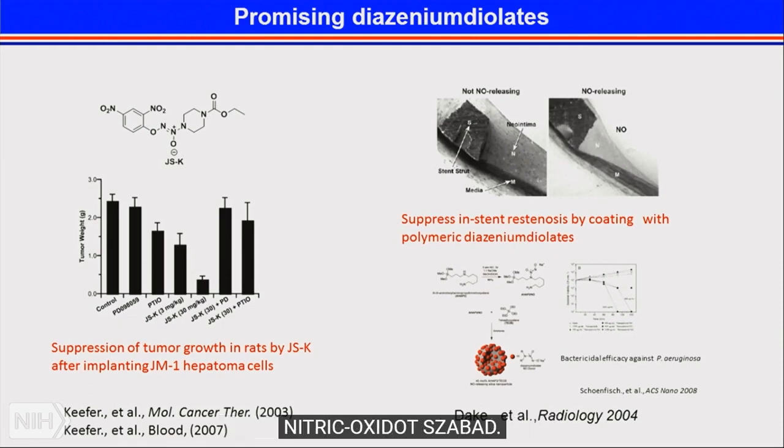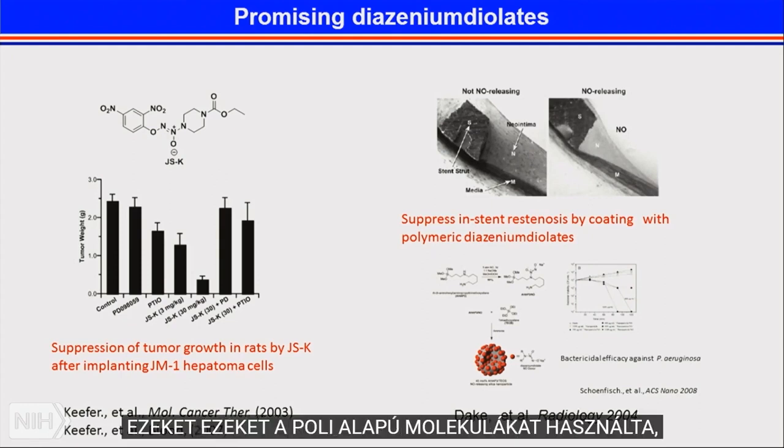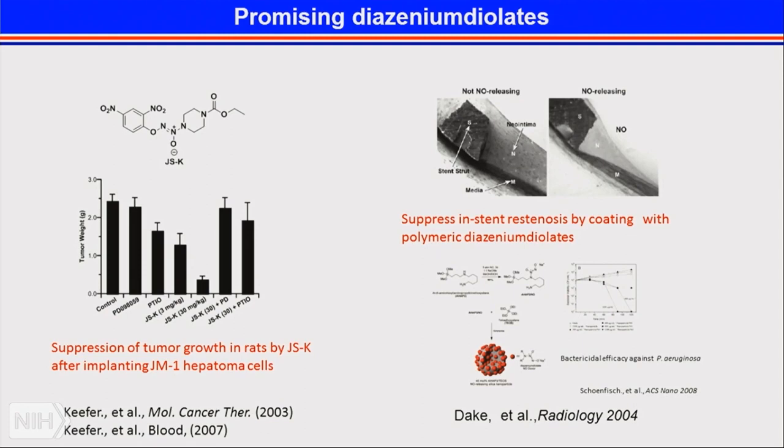Some of the other molecules have been developed in Dr. Schoenfisch's group in North Carolina. He used these polymeric diazeniumdiolate-based molecules and showed that these can act as antibacterial agents.